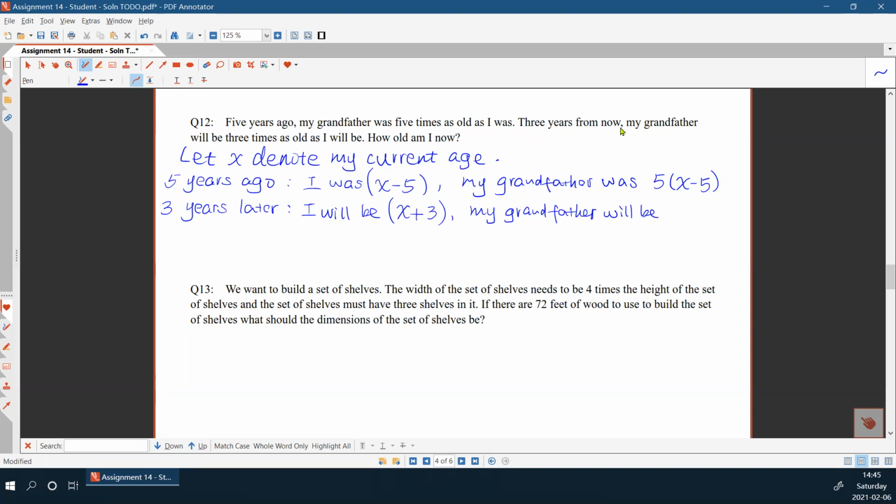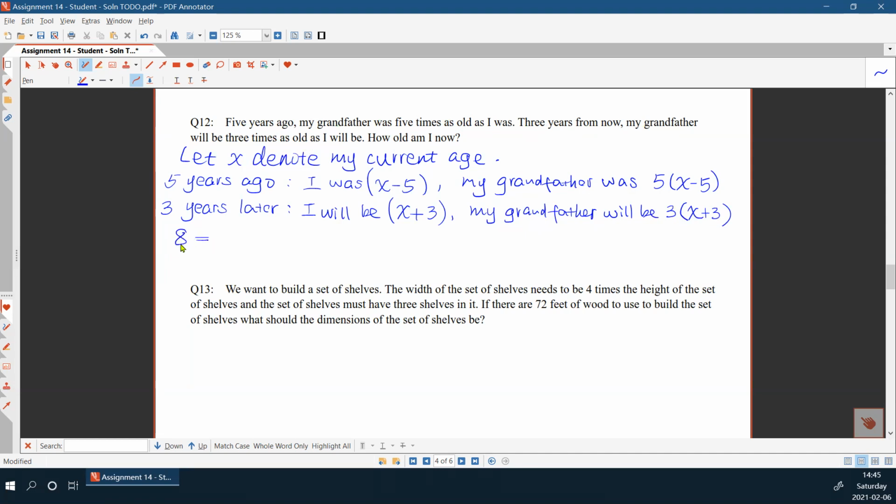He says 3 years from now, my grandfather will be 3 times as old as I will be. Okay, that means 3 times x plus 3, right? This is my grandfather's age in 3 years, correct? And the difference is 8 years, right?